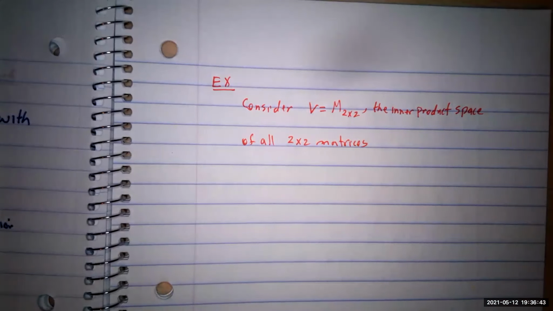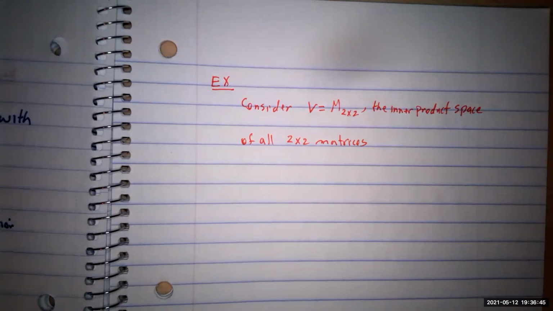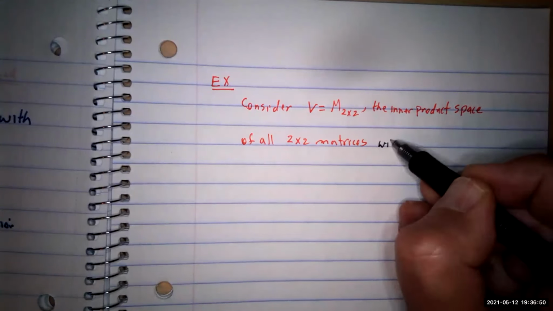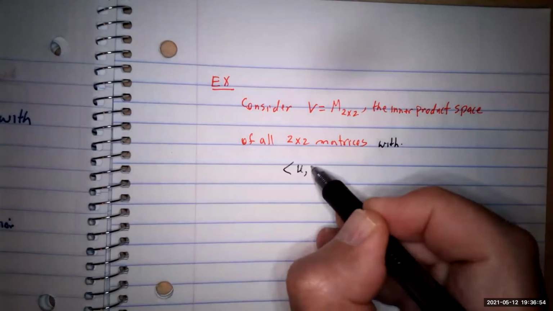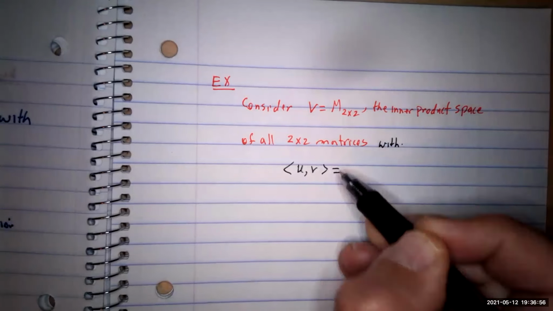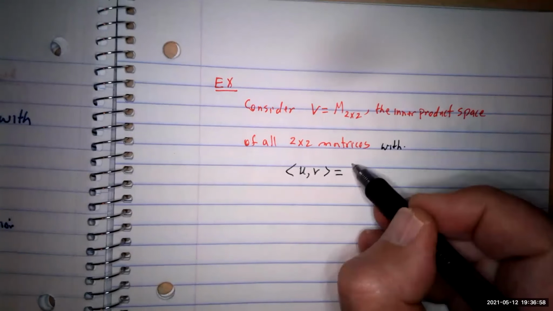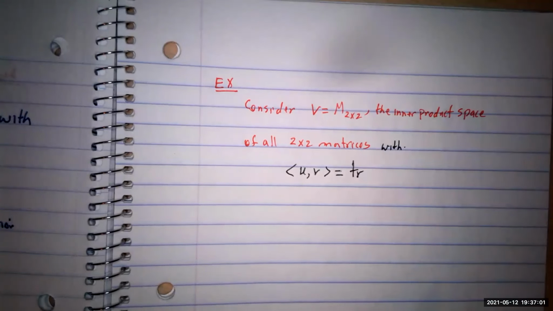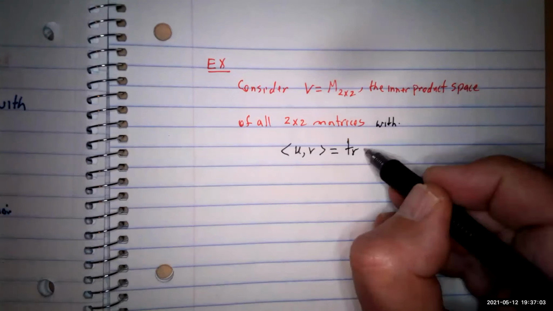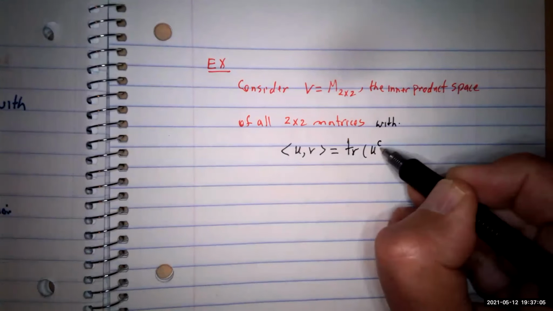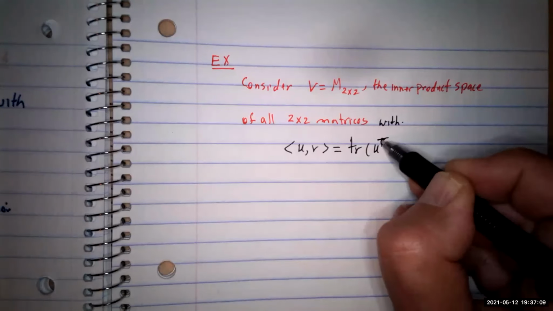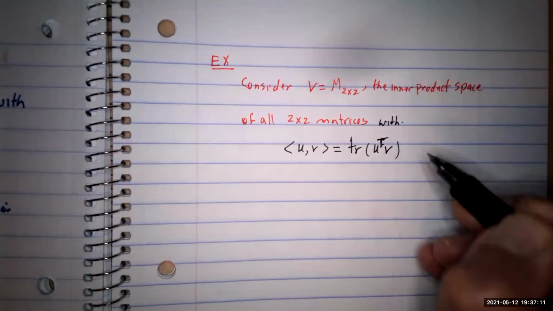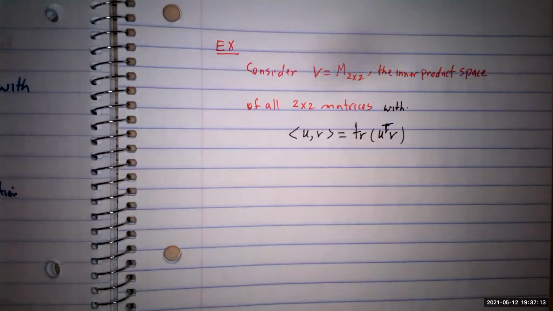You must know what the norm is. I just remind you that on the test we expect you to know it. If two matrices U and V are given to you, the inner product of U and V is the trace of the transpose of one of them, it doesn't matter whether the first one or the second one, the transpose of U times V, then the trace, or the other way around, you don't mind.